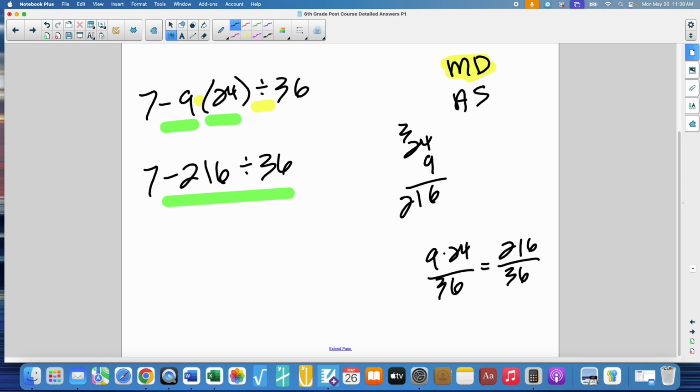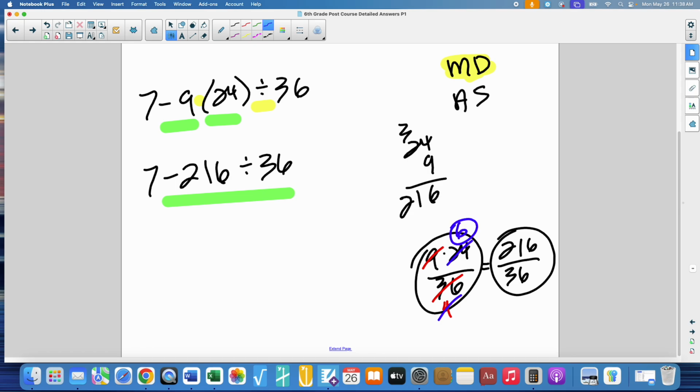So why did I not deal with this? I don't want to deal with this big number. I'd much rather deal with this broken down because I can cross cancel. I know that 9 goes into 36 4 times. And then I can cancel again because what goes into 4 and 24 is 6.